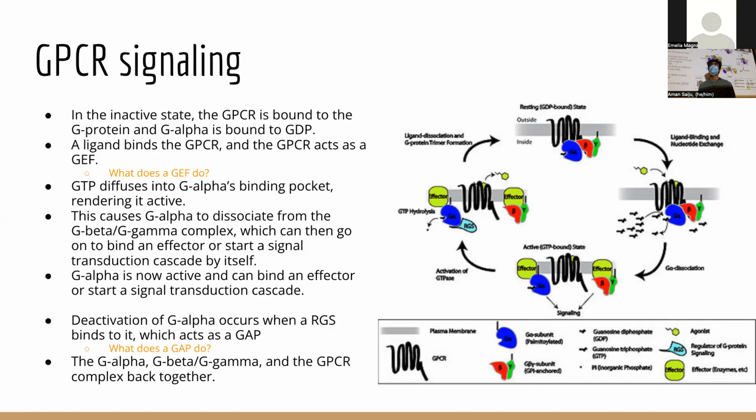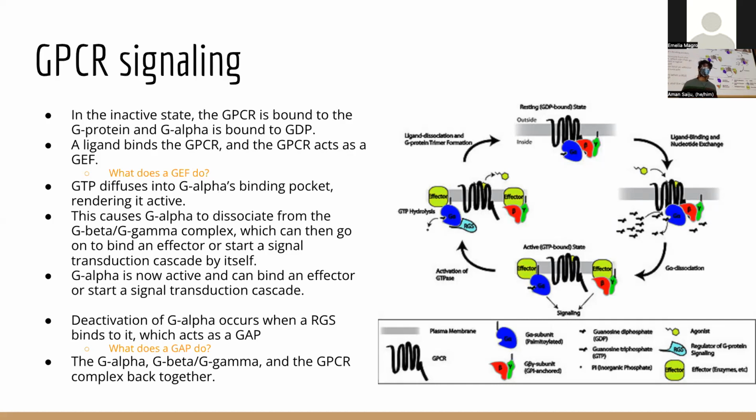Dissociated, yeah. So the GPCR, the receptor itself, has GEF activity, so it knocks the GDP out of the binding pocket of the G alpha.